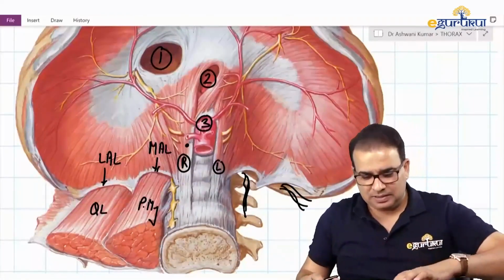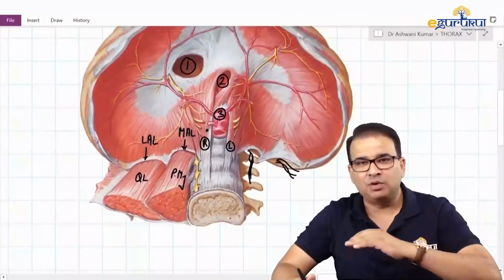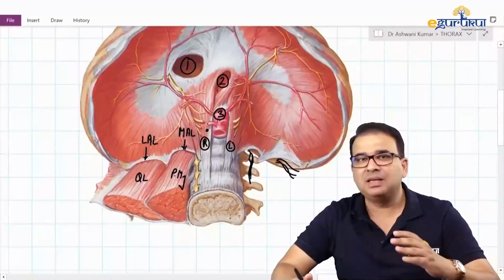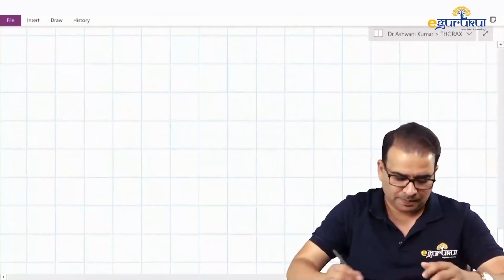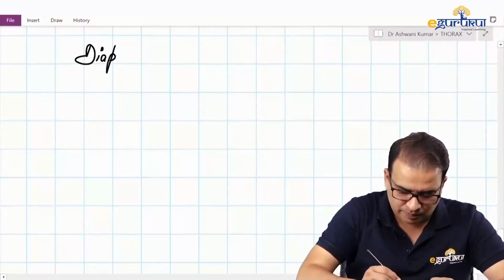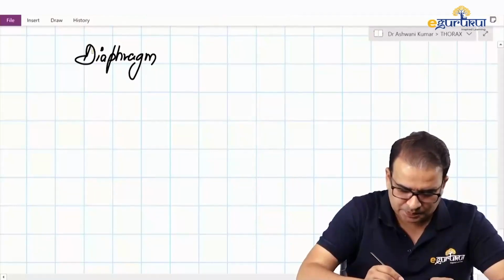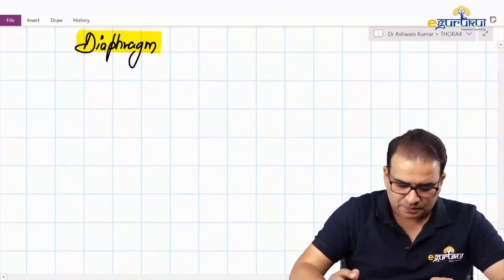So let's put it in a more schematic way and talk about the attachments of the diaphragm, the arcuate ligaments, the crus, the major and the minor openings. So everything in there. Okay.